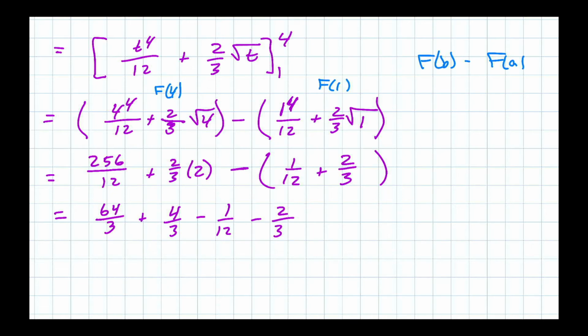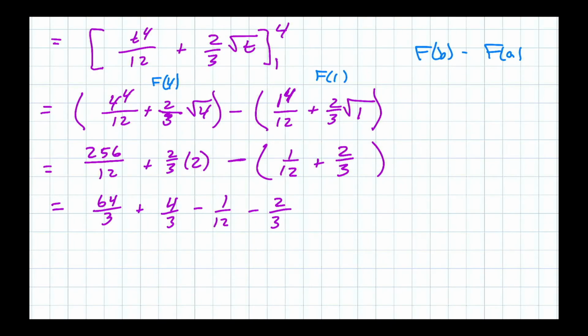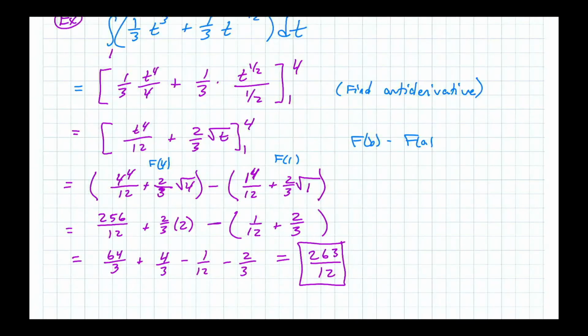I'm just going to type in 64 over 3 plus 4 over 3 minus 1 over 12 minus 2 over 3, and let the computer do that for me. And I'm going to get 263 over 12. And that's my answer. This is computational work, but the actual calculus stuff is finding the antiderivative. This isn't that bad. It's just working through the numbers.